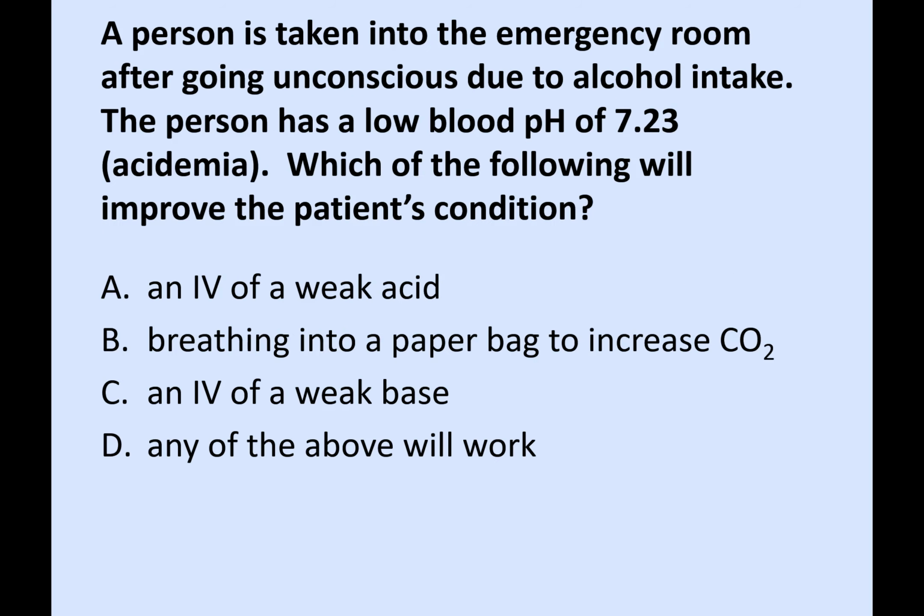Okay, the last question. A person is taken into the emergency room after going unconscious due to alcohol. The person has a low blood pH of 7.23. Remember, we want it to be somewhere between 7.35 and 7.45. That's your goal. Which of the following will improve the patient's condition?